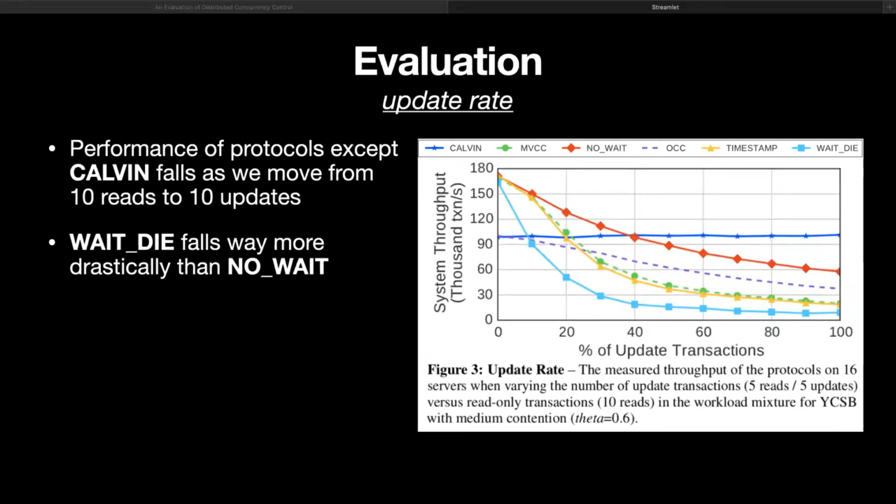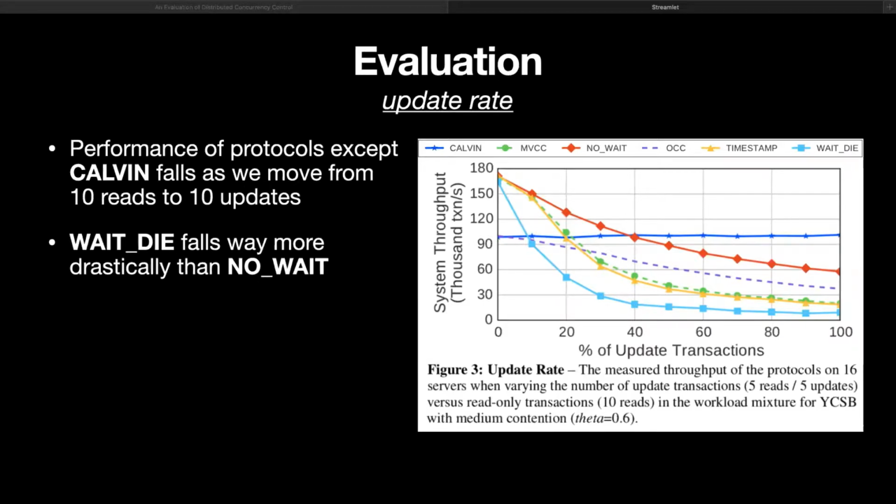For lock-based protocols, as the transactions try to access exclusive locks, they get aborted. A similar thing happens with the transactions that are ordered by timestamps; they also start getting aborted.